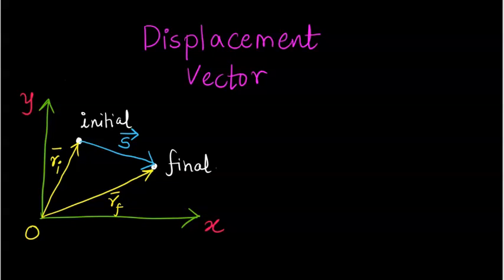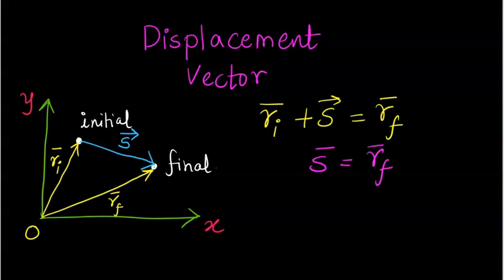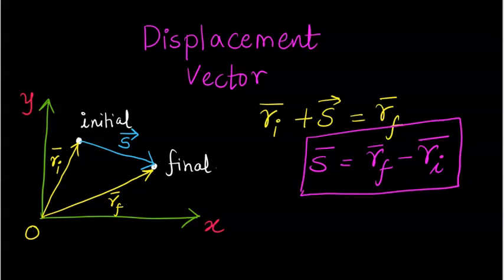If you see here, I can use the triangle rule of addition of vectors and write Ri bar plus S bar is equal to Rf bar. So what is S bar? S bar will become Rf bar minus Ri bar. So it is nothing but the change in the position vectors. So final position vector minus initial position vector is the displacement vector. Okay, this tells us this.